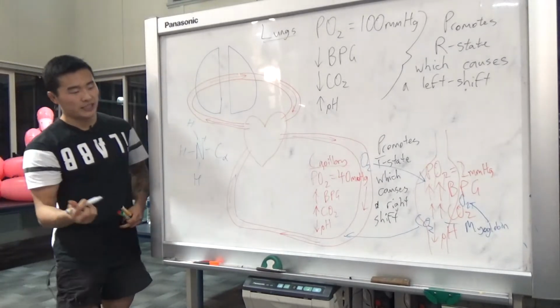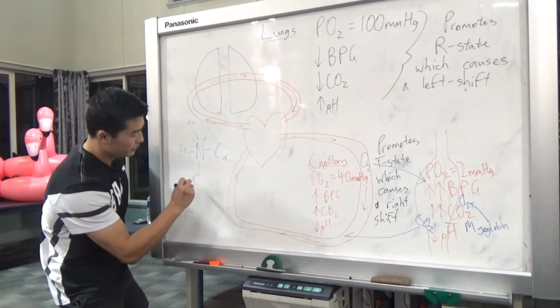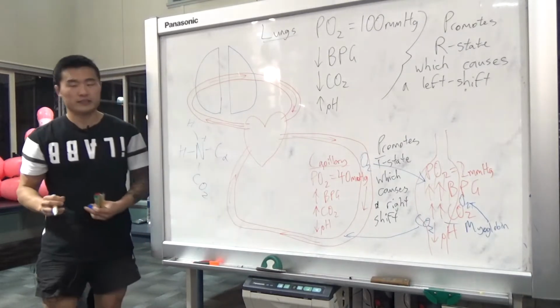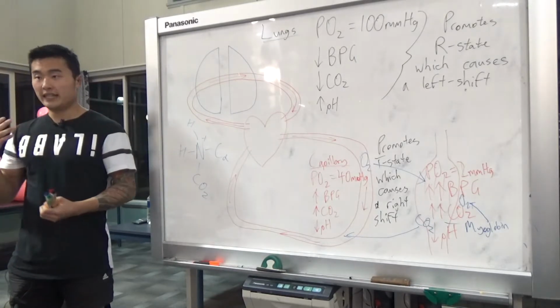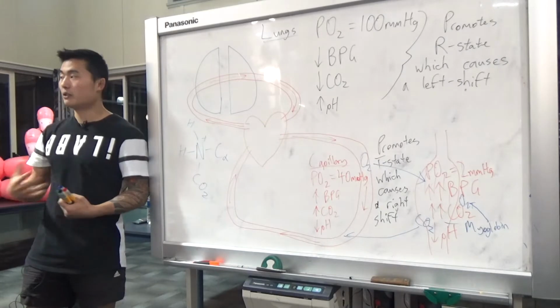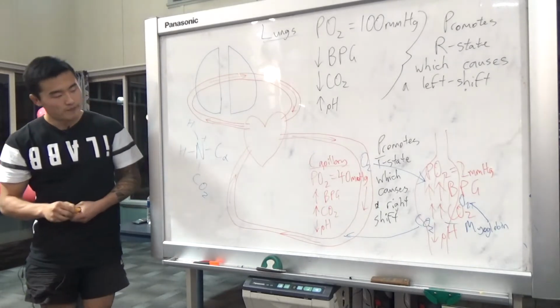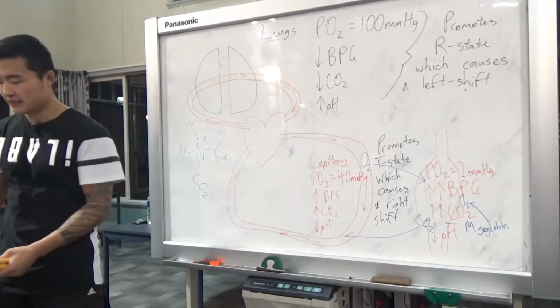But if there's a lot of carbon dioxide, it can bind to the N terminus of the globin protein. And so hemoglobin can not only carry oxygen, but it can also carry carbon dioxide away from the skeletal muscle. So that's quite useful, isn't it?